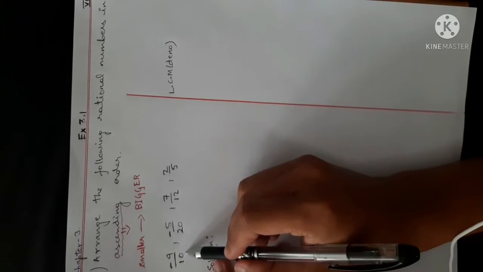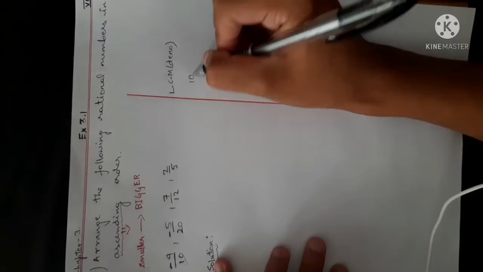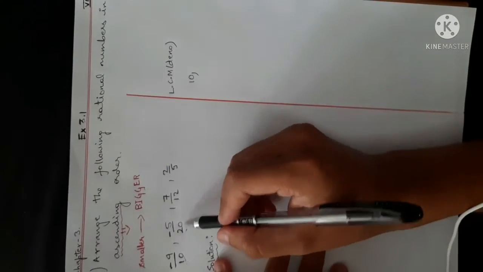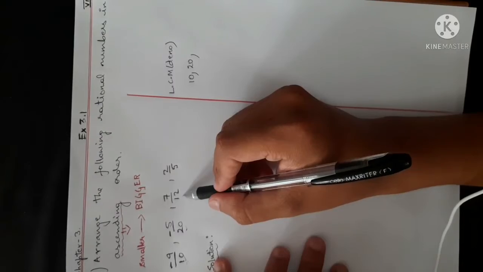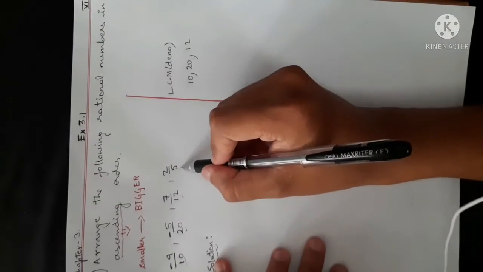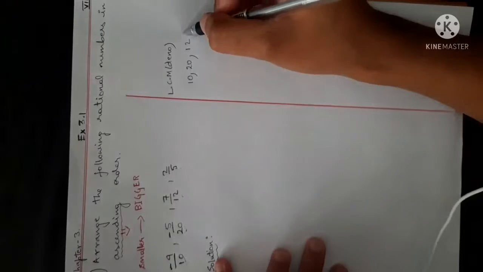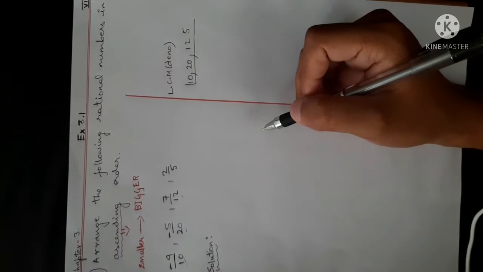In the first rational number, the denominator is 10. In the second, the denominator is 20. The third, the denominator is 12. In the fourth rational number, the denominator is 5. We find the LCM of these four.